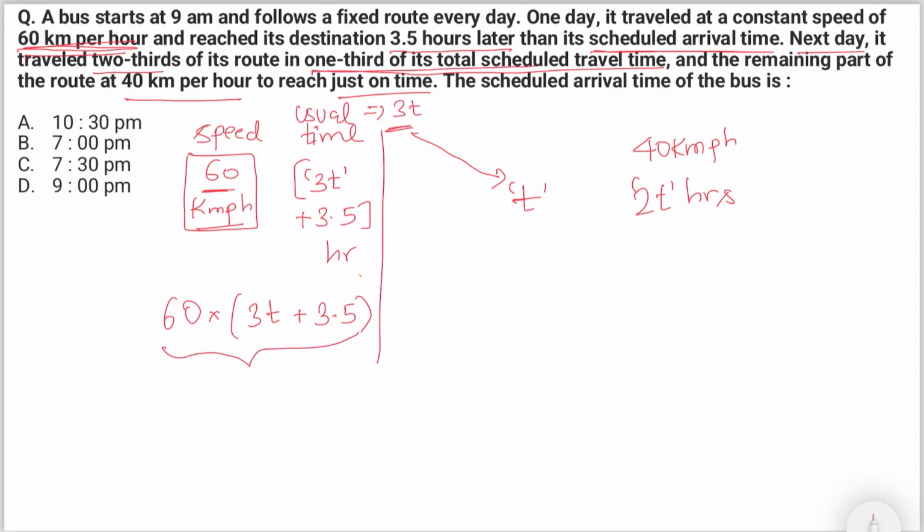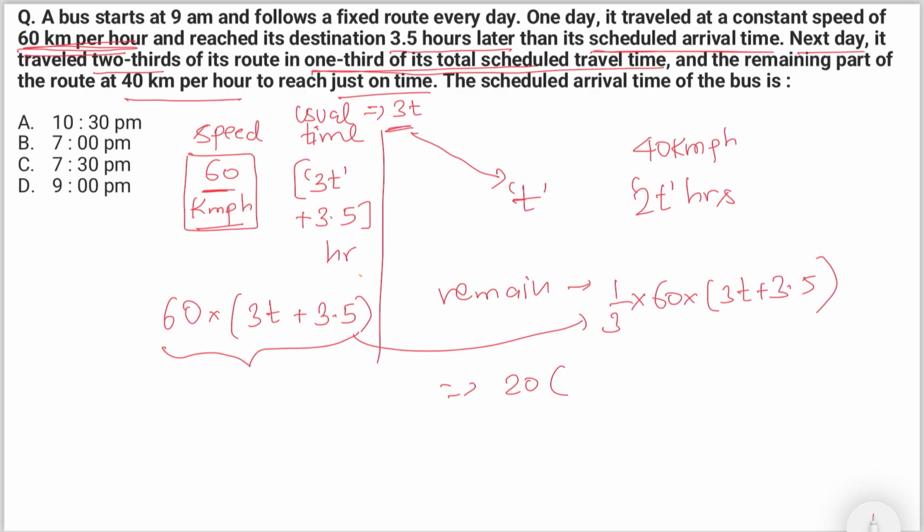Two-thirds of this distance has already been covered. What remains will be one-third of this, right? One-third of 60 into (3t plus 3.5) comes out to be 20 into (3t plus 3.5).